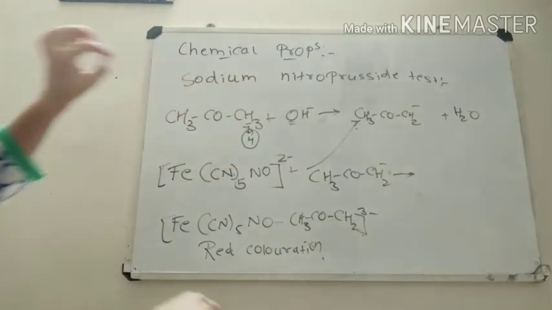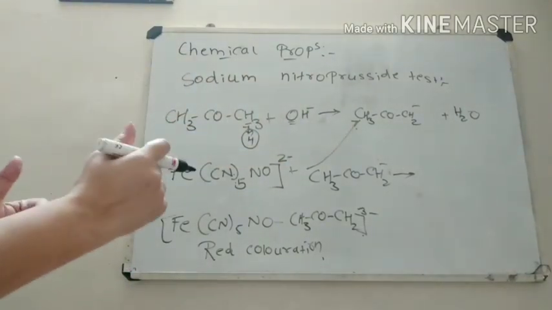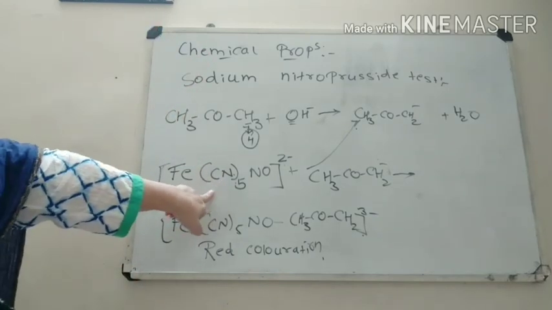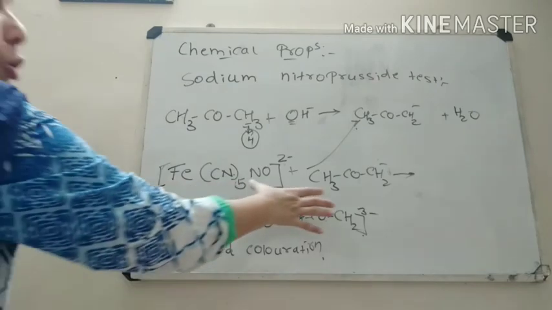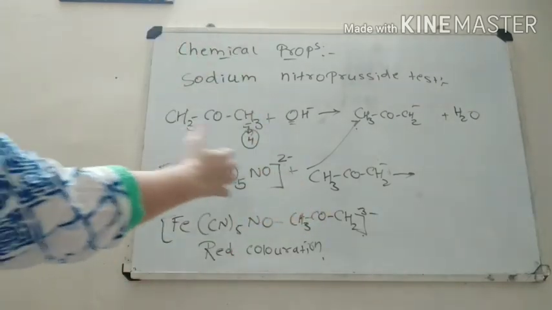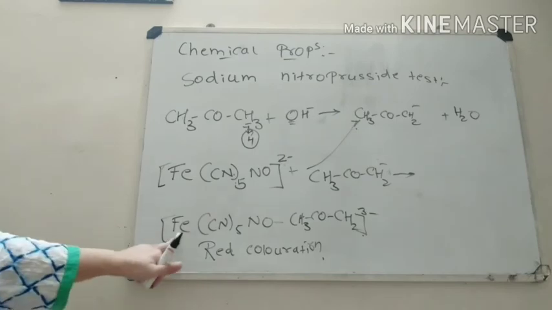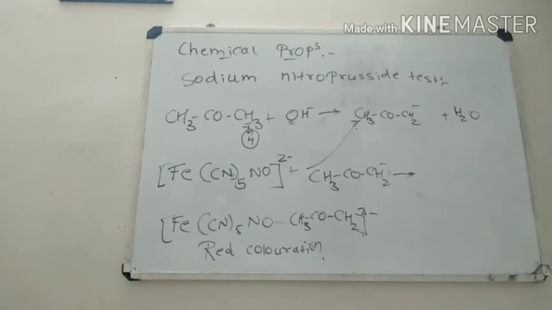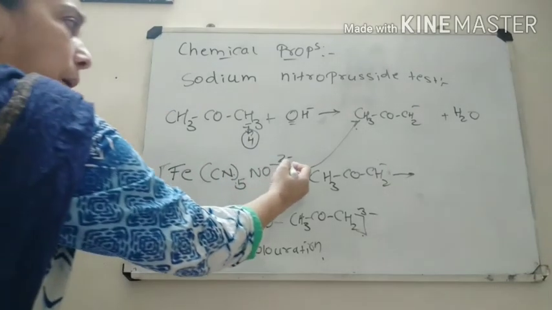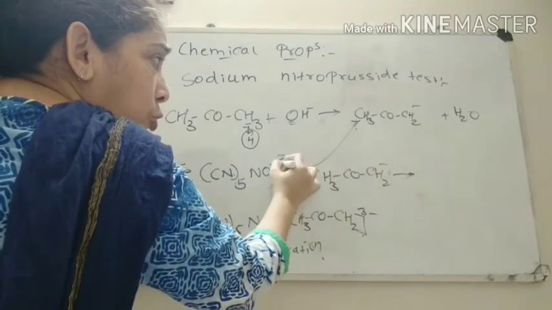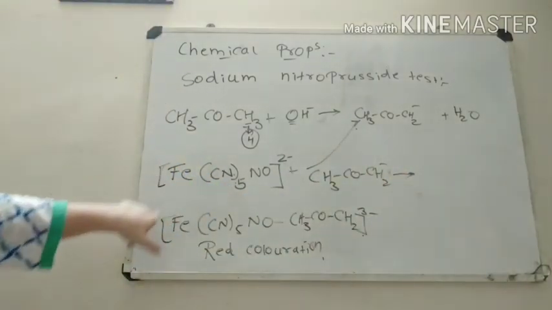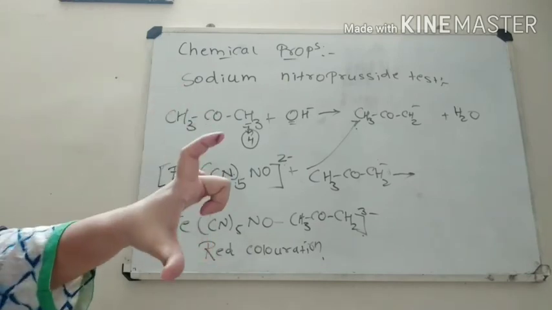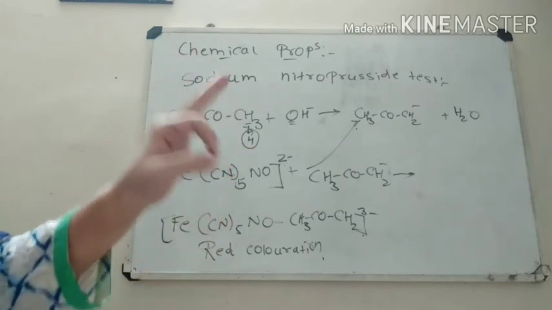When this ion combines with the sodium nitroprusside ion, the formula is Fe(CN)5NO 2 minus, both combine to form an addition product, Fe(CN)5NO CH3COCH2, with a total charge of 2 minus and 1 minus, so 3 minus, and it changes to red color. It indicates that the solution we have taken in the test tube contains the ketonic group.